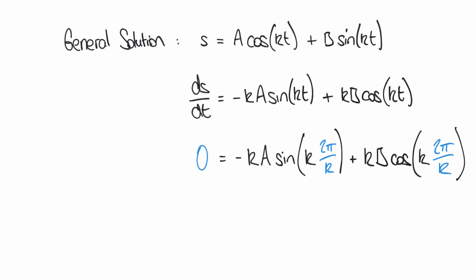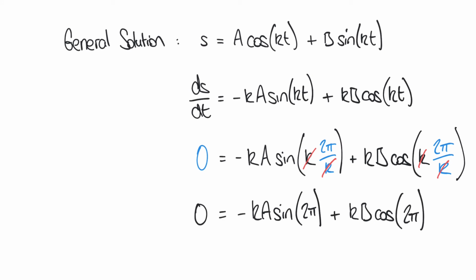And simplifying a little bit, the k terms cancel again in the argument of the sine and the cos terms, and we're left simply with 0 is equal to minus ka sine 2 pi plus kb cos 2 pi. And again, we remember that sine 2 pi evaluates to 0 and cos 2 pi evaluates to 1. And so this reduces down simply to kb is equal to 0.